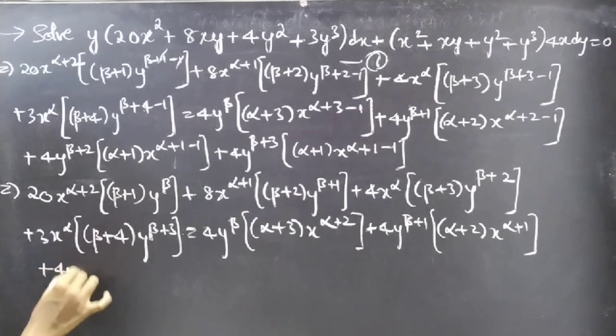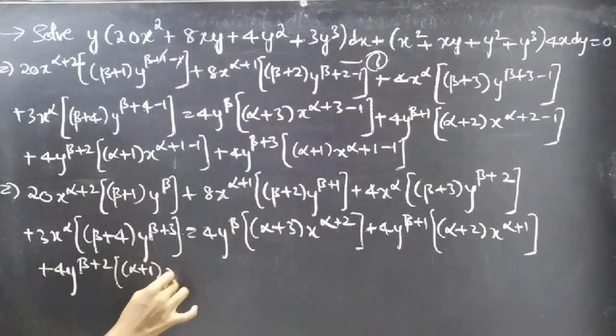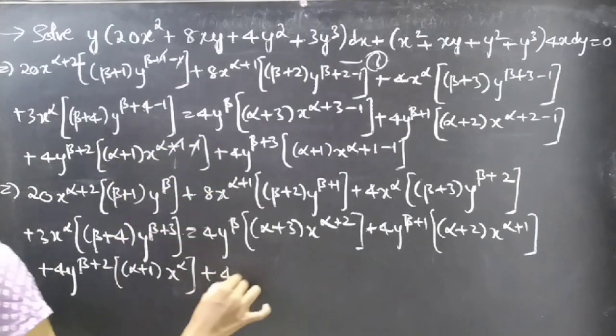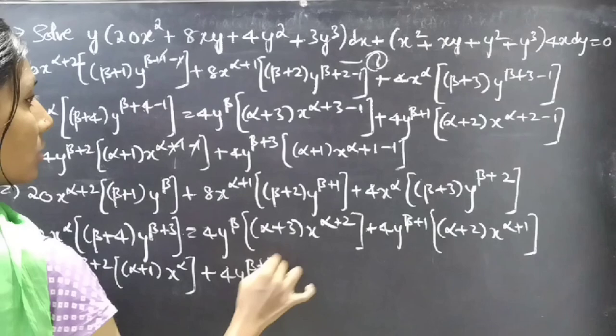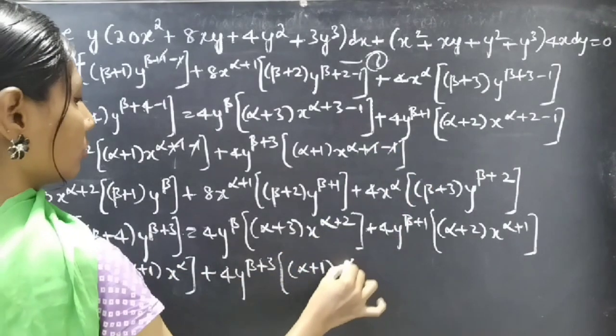Plus 4y^(beta+2) into (alpha+1) into x^alpha, plus 4y^(beta+3) into (alpha+1) into x^alpha.